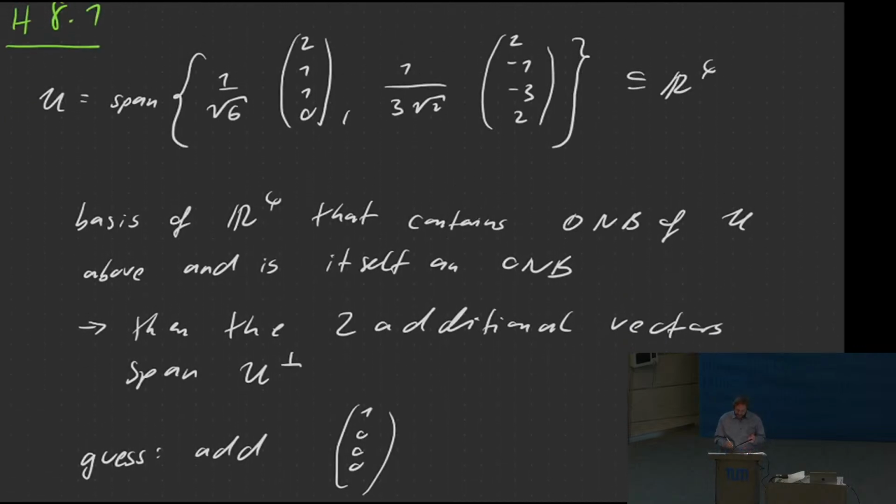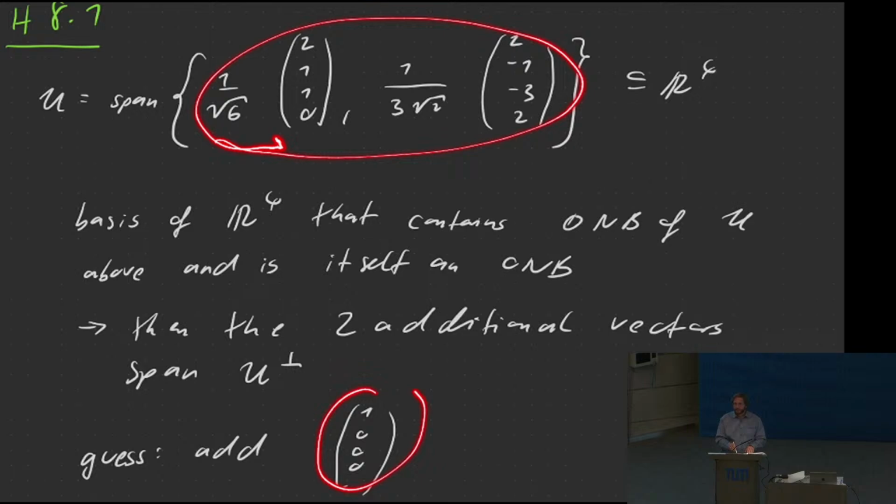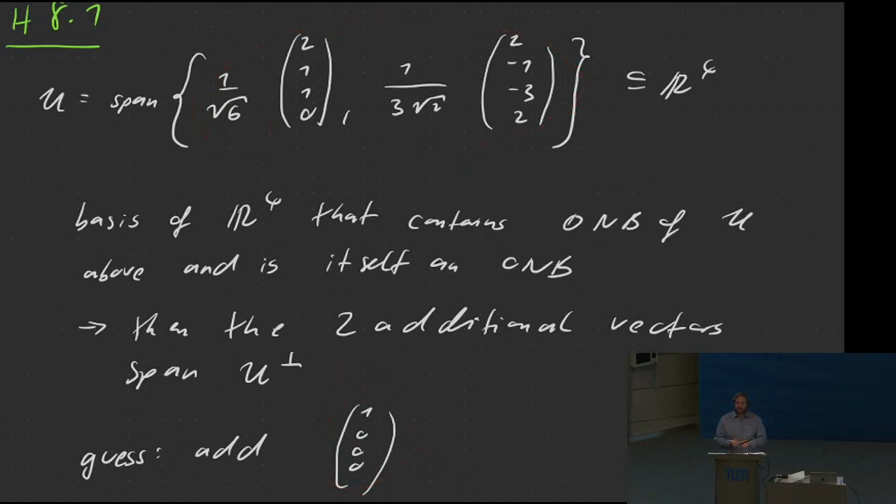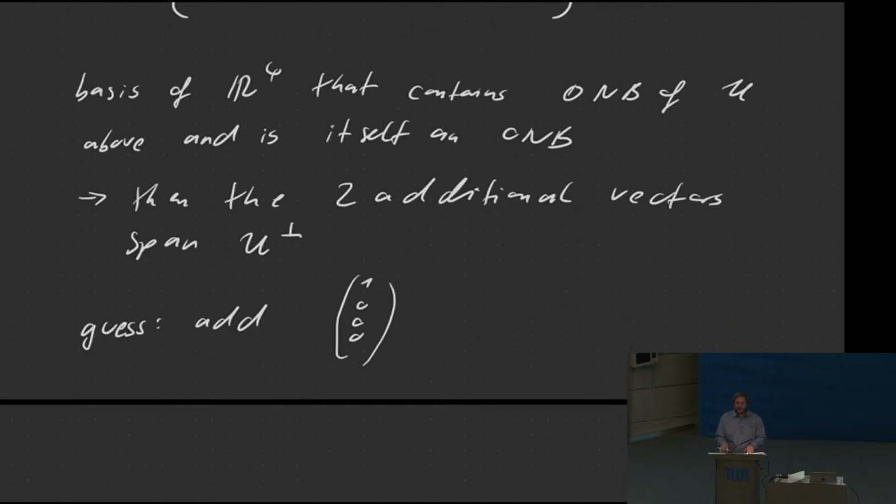Remember, what do I do with Gram-Schmidt's method? I compute a projection of my new vector onto that space, and then I subtract it from my original vector. Well, if that vector happens to be in that space, what is the projection of that vector on that space? It's exactly the same vector. Now I subtract that from itself, so I get the zero vector. Okay?